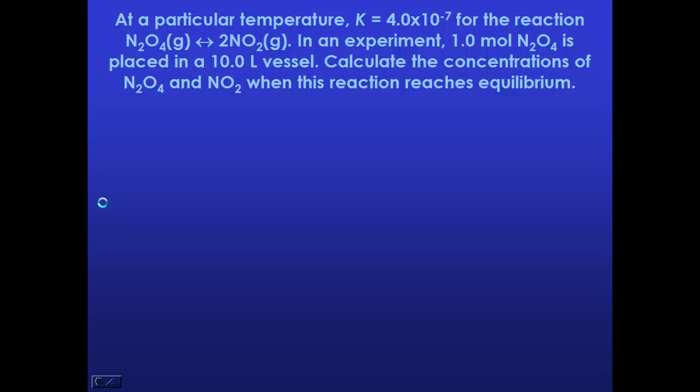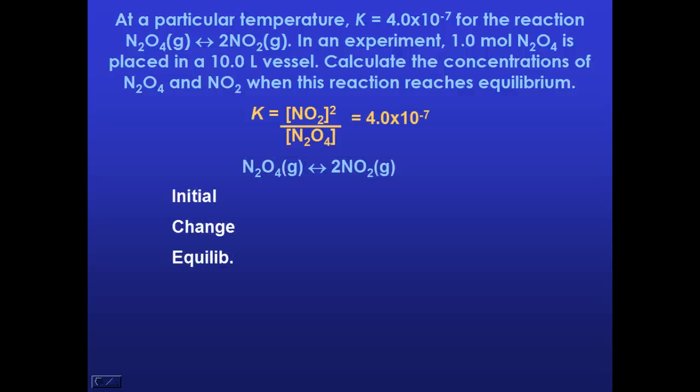In the experiment, we have 1 mole of N2O4 placed in the 10-liter vessel, and we want to figure out what the concentrations of N2O4 and NO2 are when equilibrium is achieved. So we have a balanced equation, so we can go ahead and write our equilibrium expression with NO2 being squared over N2O4, products over reactants. We can set up our ICE diagram. We know initially that we have 0.1 if you take 1 mole divided by 10 liters.